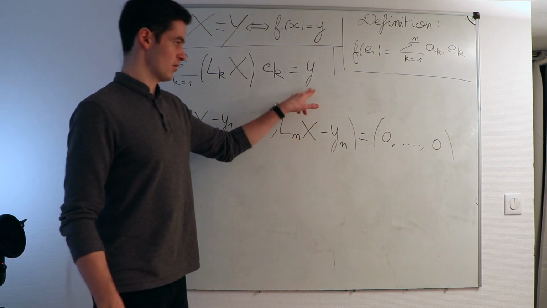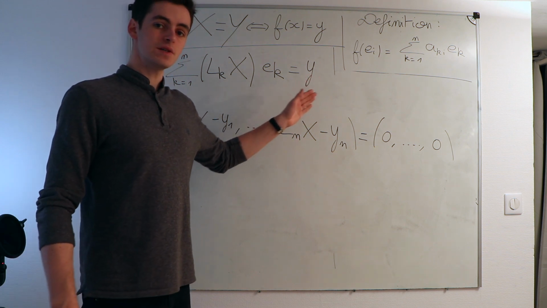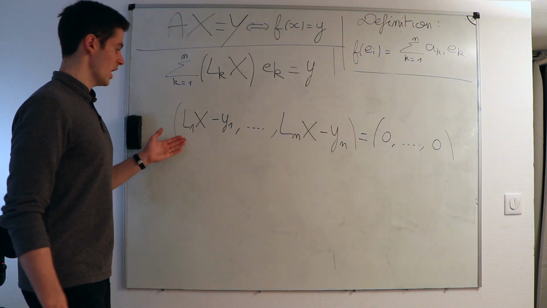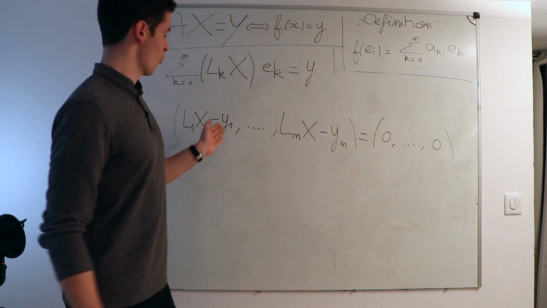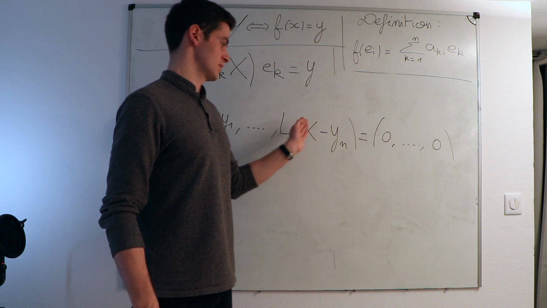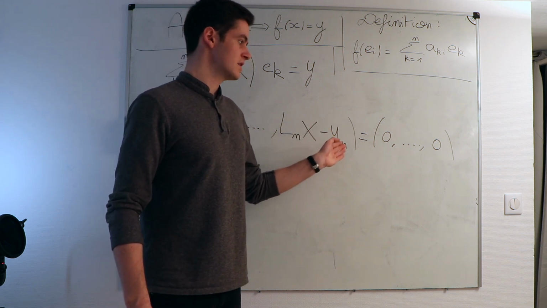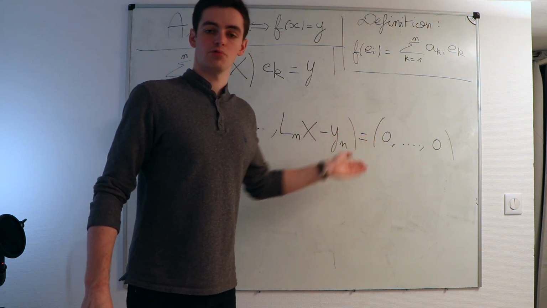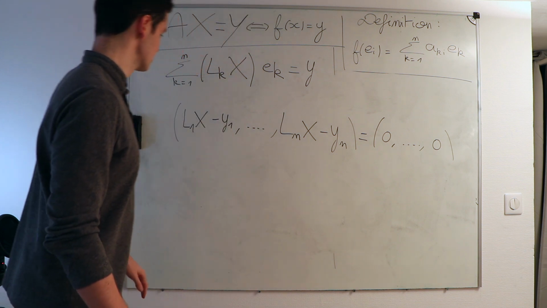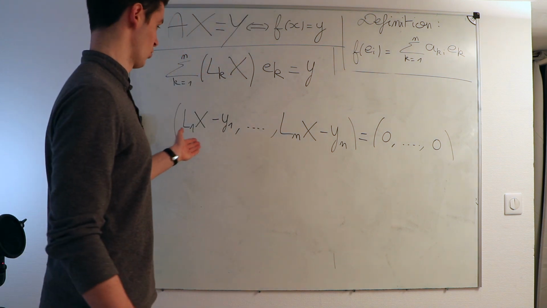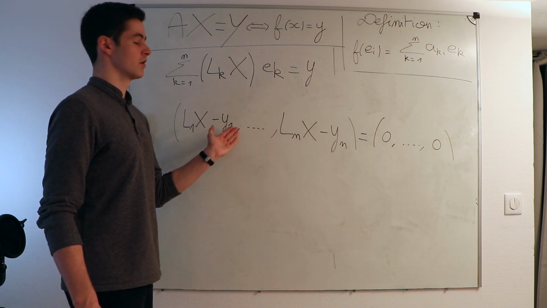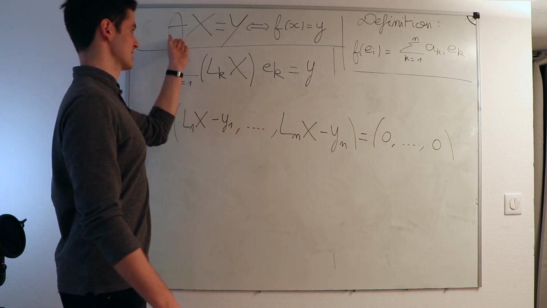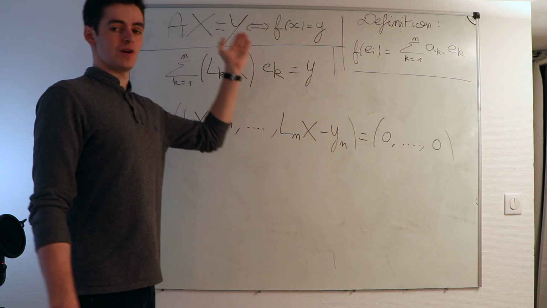By rewriting y in the canonical basis, we have the following equality: L1 times x minus y1 up until Ln times x minus yn is equal to the vector 0. So, for all i between 1 and n, Li times x is equal to yi. So we've proven that A times x is equal to the column vector y.